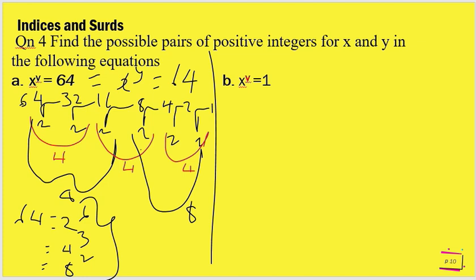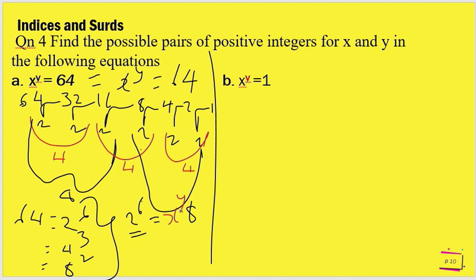So x is the base and y is the power. So the first category of x and y is 2 power 6, meaning that x there is just 2 and y is 6.